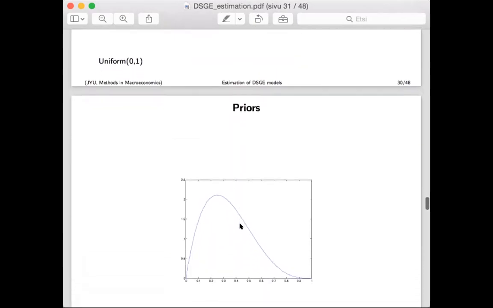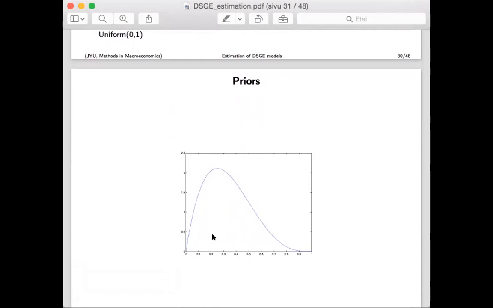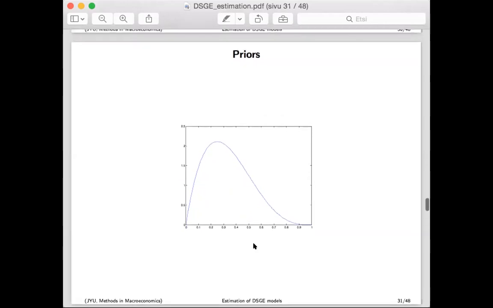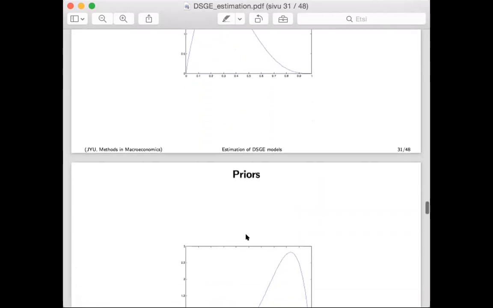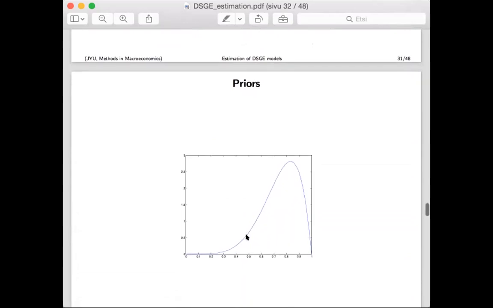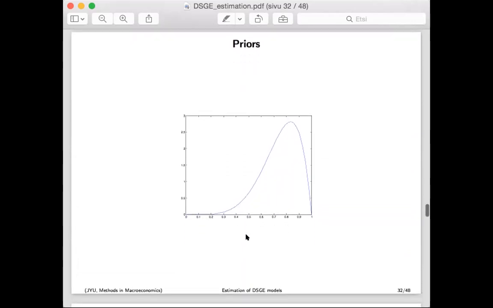Then we can have a beta distribution which restricts it to 0 and 1, but there's some shape so that, for example, depending on the parameters of the beta distribution, it is more likely that the parameter is 0.2 than 0.7, or vice versa if we parameterize the prior distribution differently.